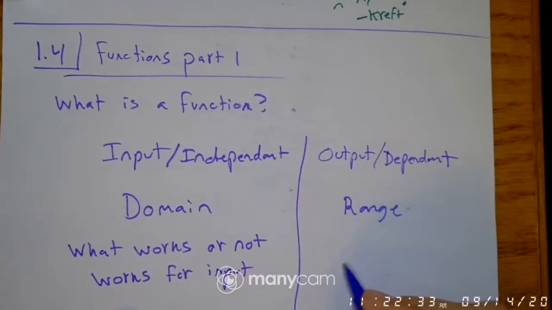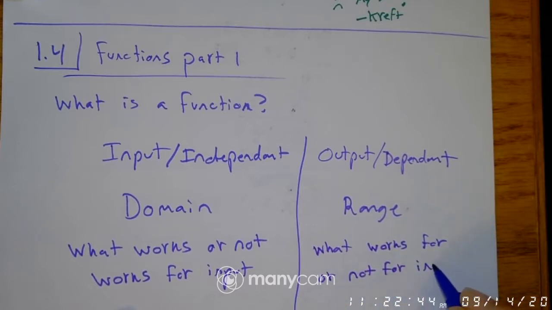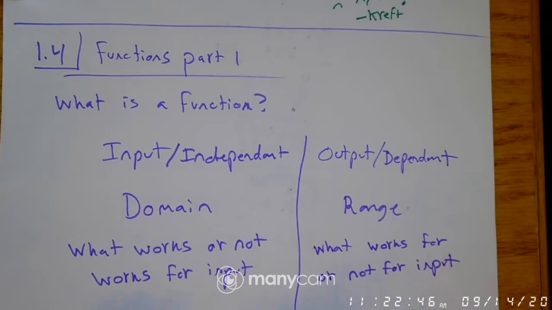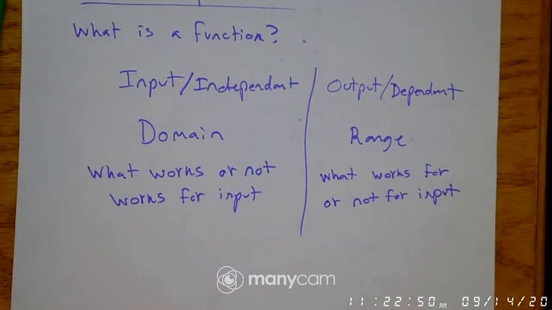And then range is the same thing: what works or doesn't work for the output. Sorry, the Manycam is getting in the way. So that's really important that you need to know. There's some vocabulary that you have to be familiar with.